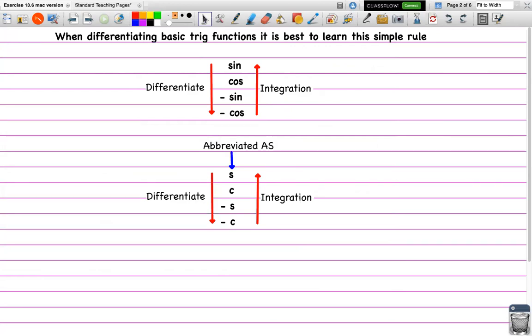So when you get to the bottom of the list and you're differentiating minus cos, it means you go all the way back up to the top of the list and start all over again. In exam situations, it is best just to write down S, C, minus S, minus C and then go from there. You'll see it in practice on the next page.